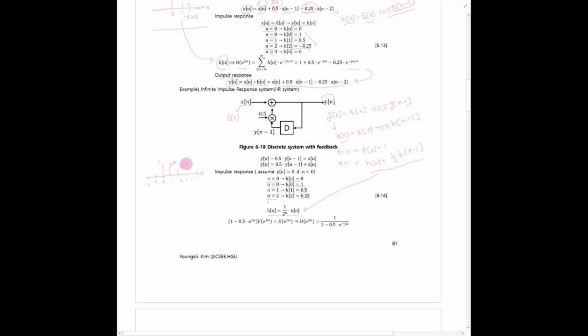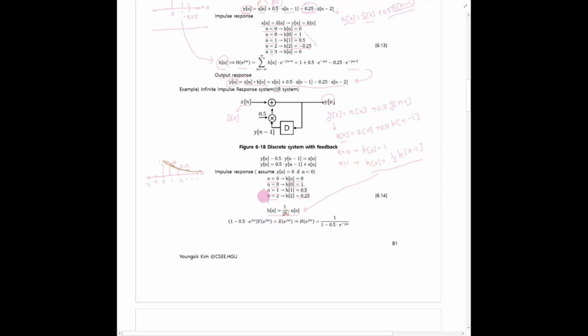It is decreasing in this way. Even though this is decreasing in this pattern and approaching 0, there is still a response that remains over time. So that's why it is called the infinite impulse response.